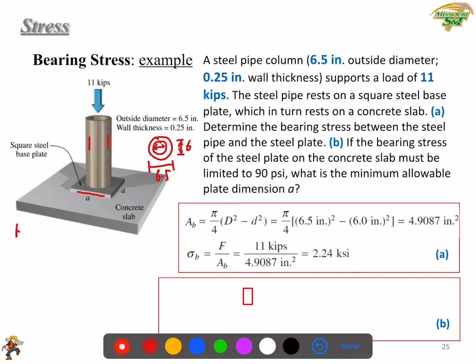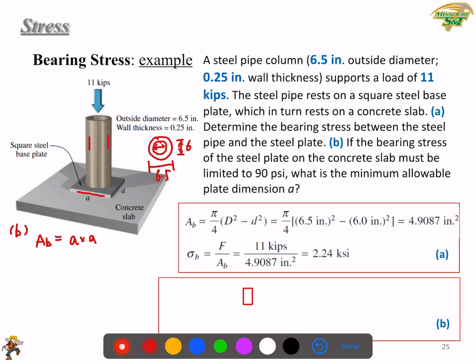In step B, the contact area A_B equals the interface between the steel plate and the concrete slab. What is this area? It will be the same as the area of the steel plate, right? That will be A times A, or A square. Then we know the loading, since we ignored the self-weight, so the loading will still be 11 kips.